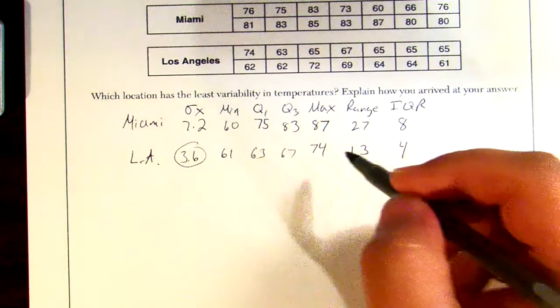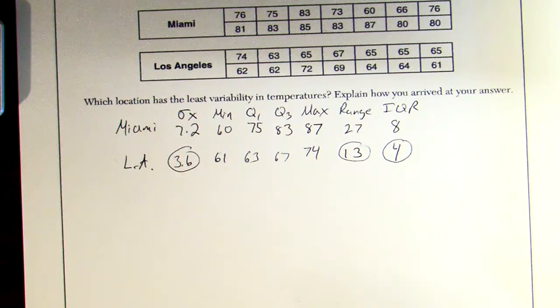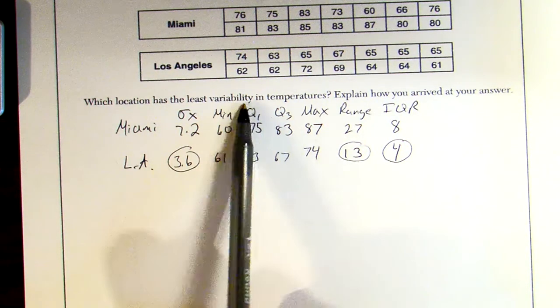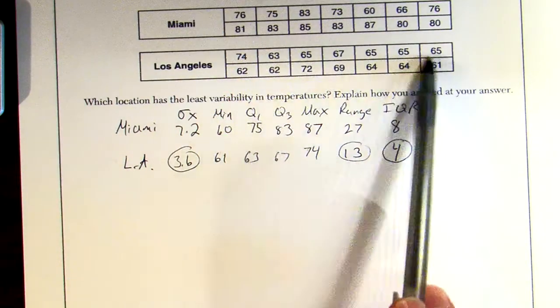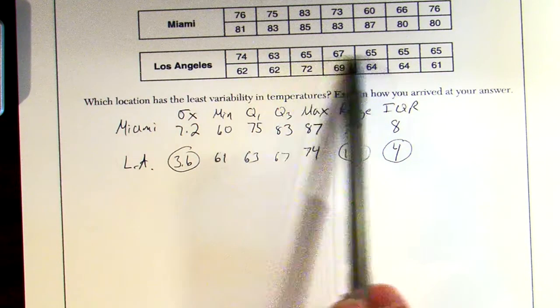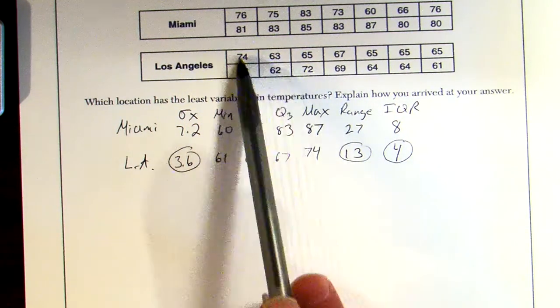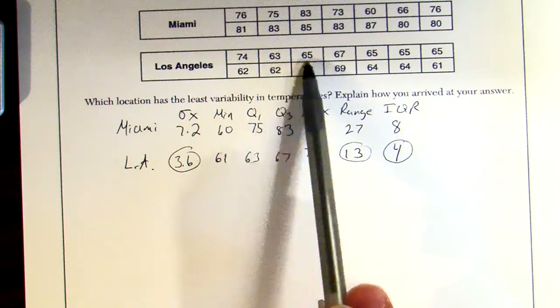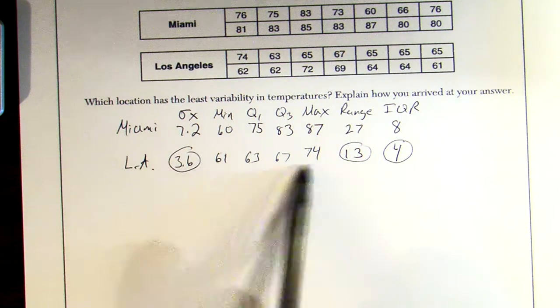That's smaller, this one's smaller, and this one's smaller. Because it's smaller, the variability doesn't get too high or too low on each day. It pretty much remains consistent in the 60s, with some 70s, and that data shows that.